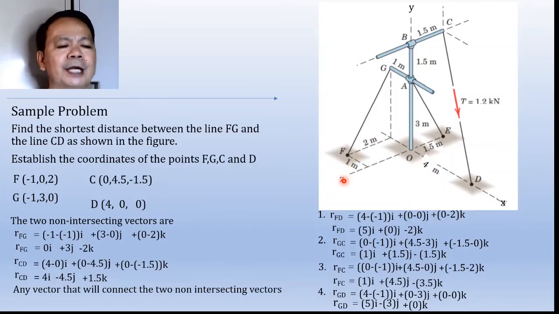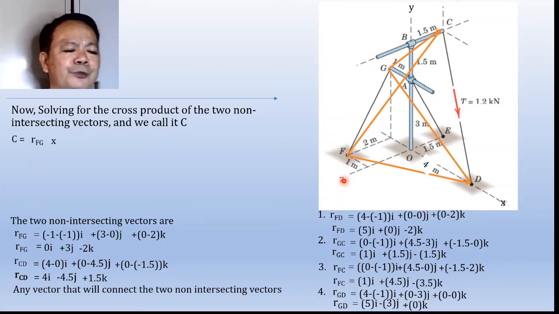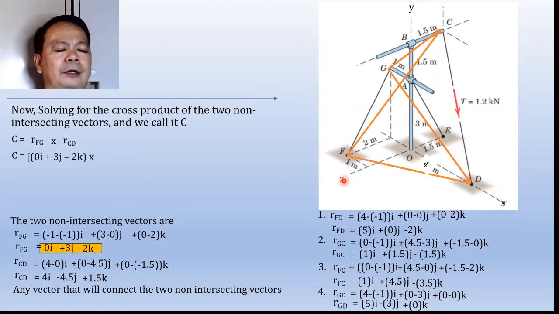So what shall we do next? We try to solve for the cross product of the two non-intersecting vectors, and we call it C, so that C shall be equal to the cross product of FG and that of CD. And when we substitute the value of the position vector FG, as well as that of CD, then this is equal to the magnitude.